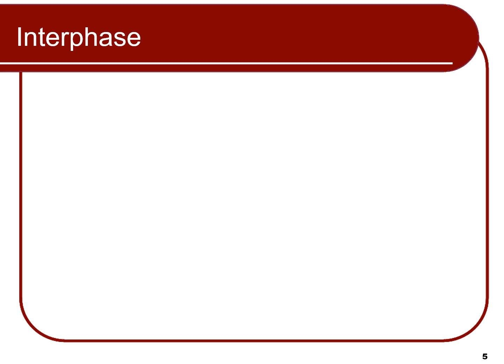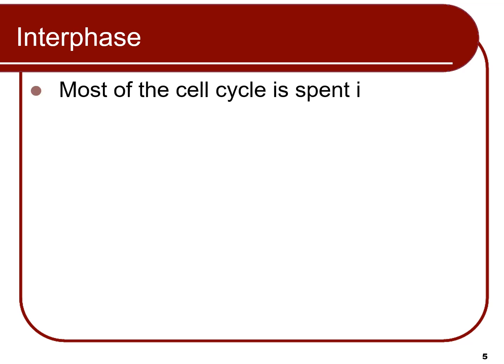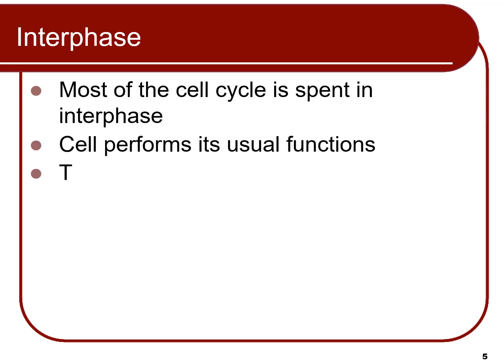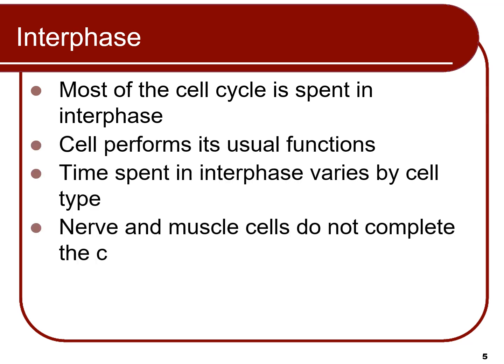Okay, again, this kind of summarizes the 3 parts of interphase. So interphase is most of the life of a cell. Most of its life, the cell is in interphase, and that's when it does its normal functions of whatever type cell it is. It varies with different types of cells.